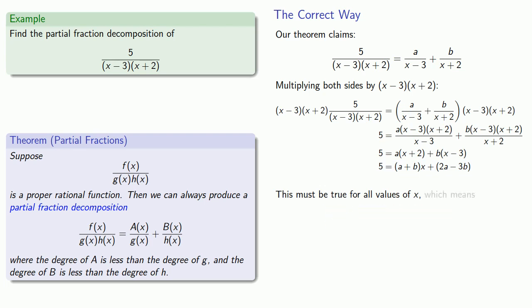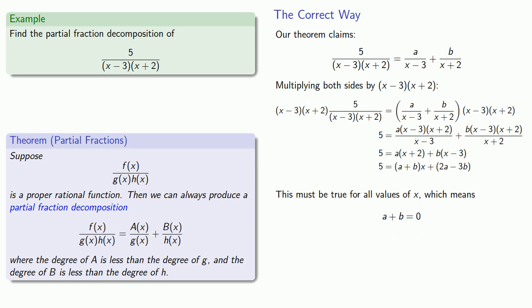And that means that the coefficients of the variables on both sides must be the same. So, over on the right-hand side, the coefficient of x is a plus b. I need to make that equal to the coefficient of x on the left-hand side, which is 0, because over on the left-hand side there is no x.